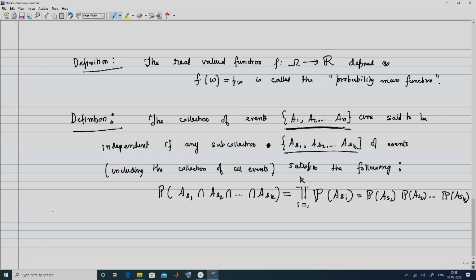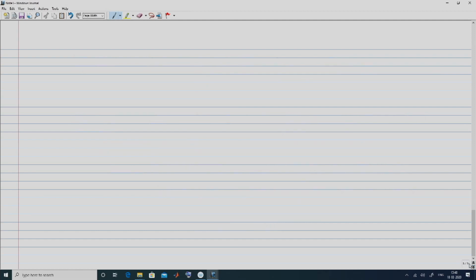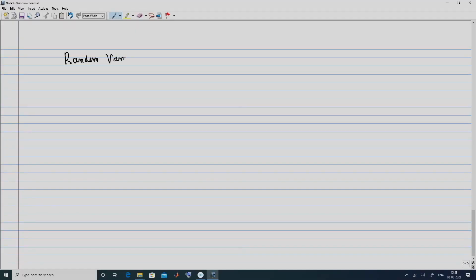All right. Once we are done with this definition of independence, we move on to the definition of what is known as a random variable. This is a very important component from the context of the course.